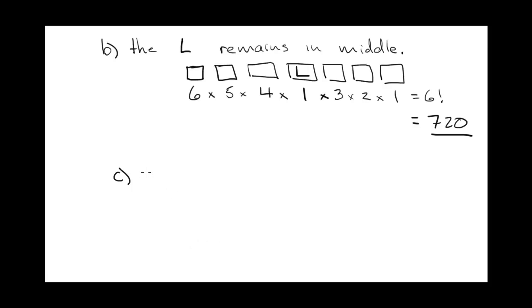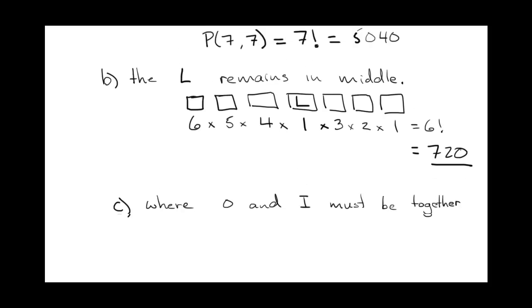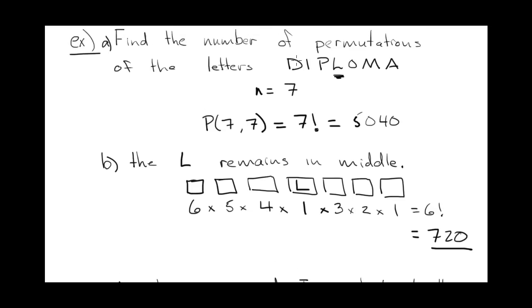And then another one where the O and I must be together. So we've got these letters D-I-P-L-O-M-A, but now the O and the I must be beside each other.